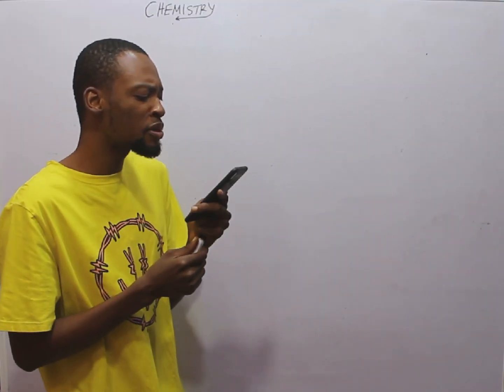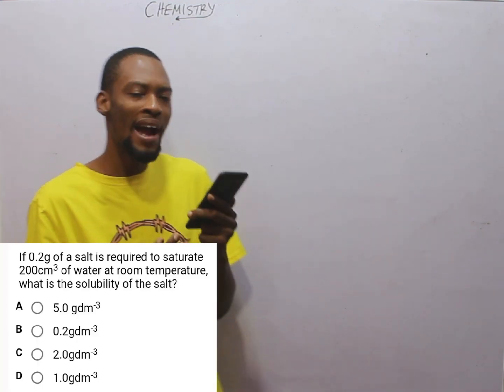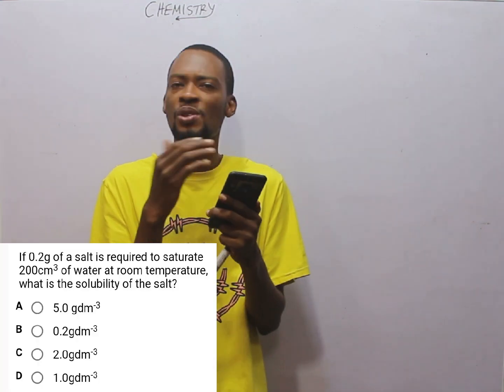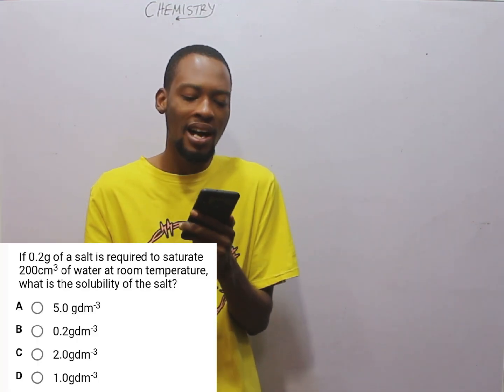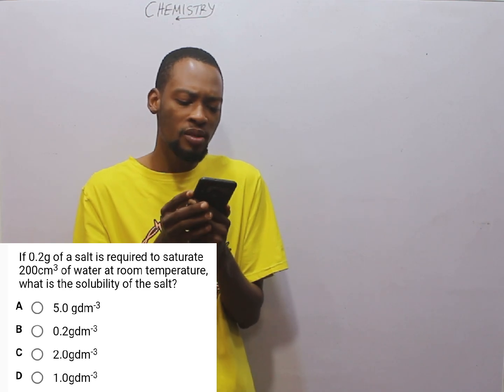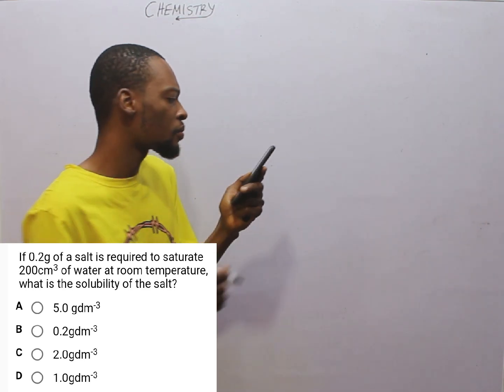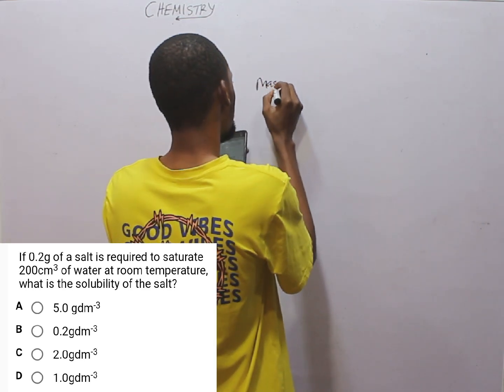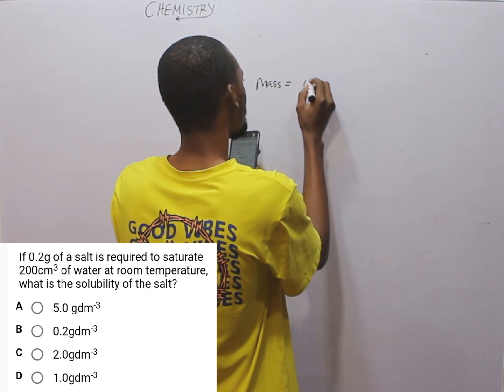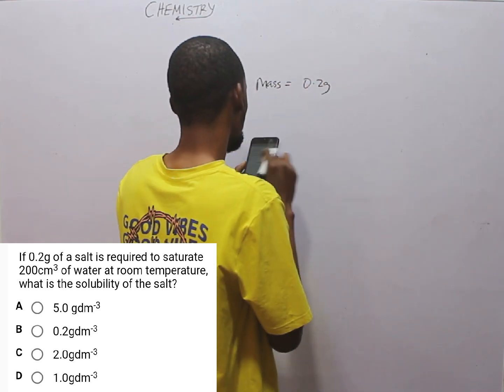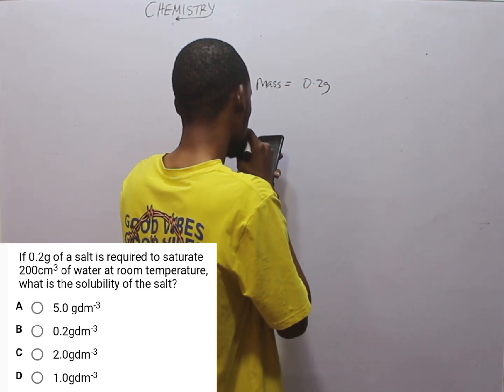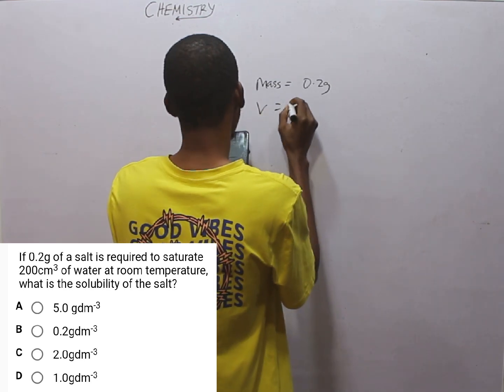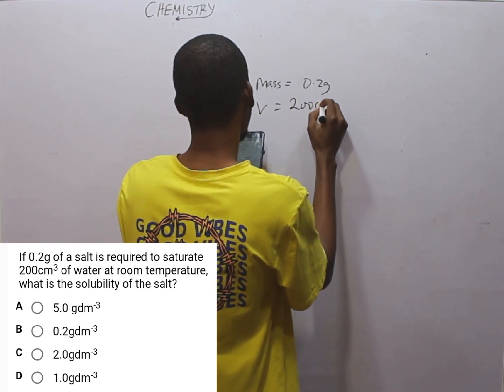If 0.2 grams of a salt is required to saturate 200 cm³ of water at room temperature, what is the solubility of the salt? Now we have mass of the salt to be 0.2 grams. And we have volume to be 200 cm³.